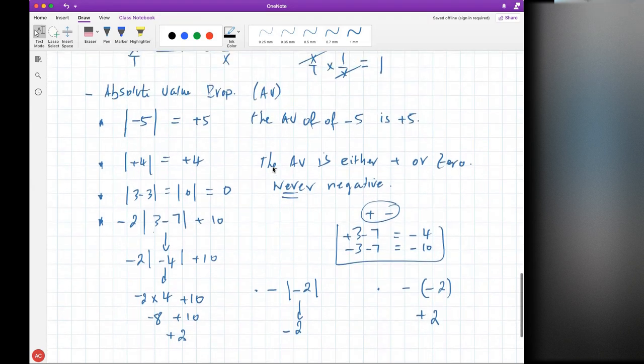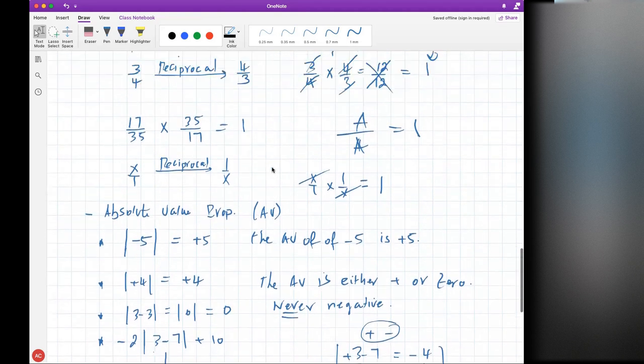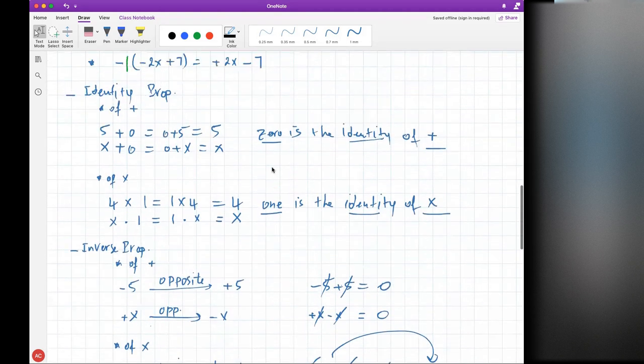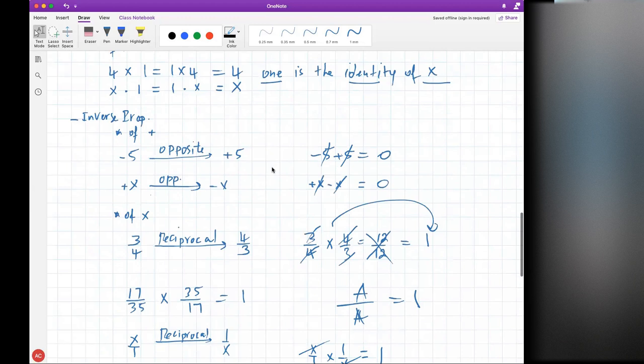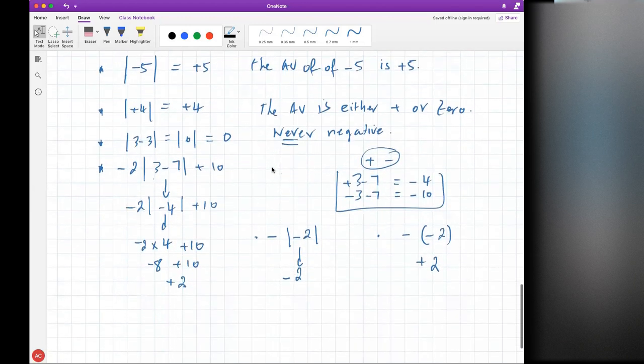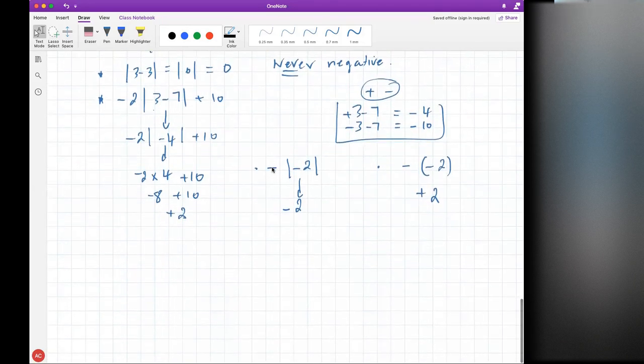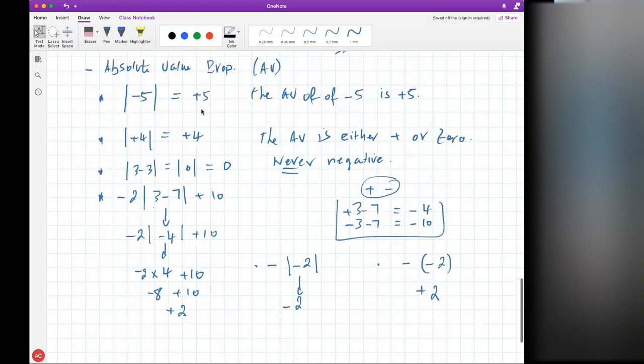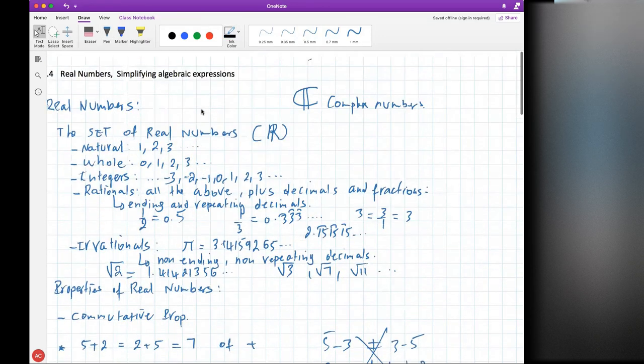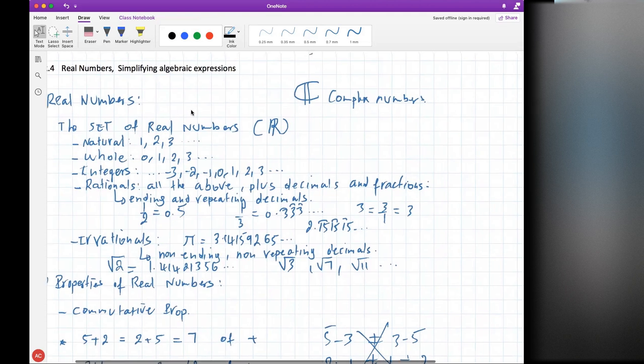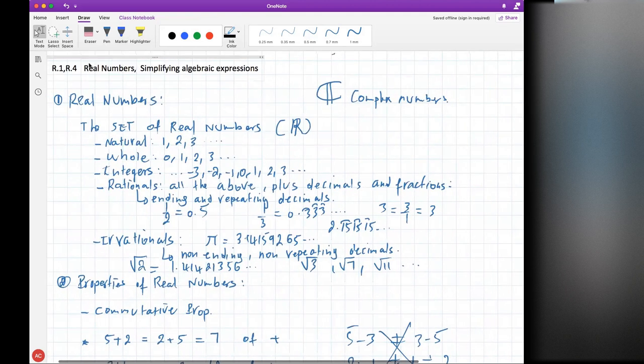Okay, so we're done with the properties, 6 or 7 of them. Again, we're going to be using these quite often, directly or indirectly, to simplify, to solve equations, to do a lot of things actually. So the next part, the second part of this: we're done with the real numbers.